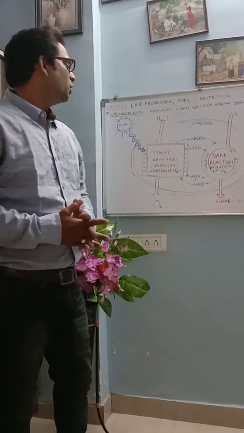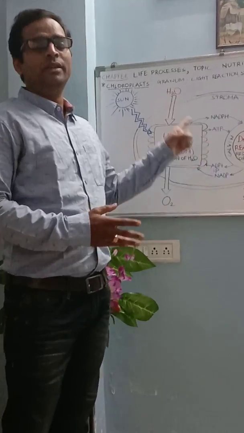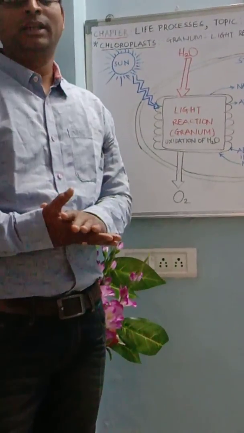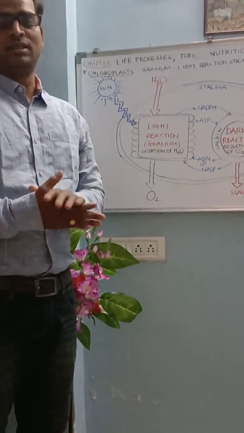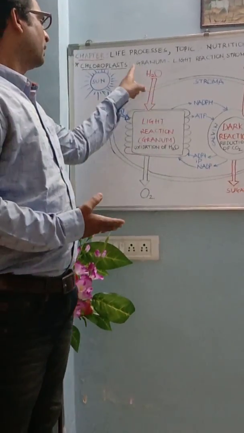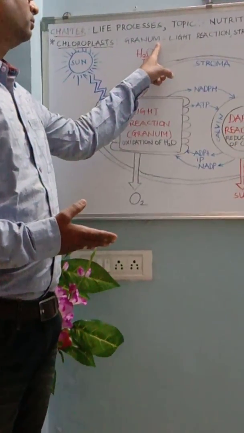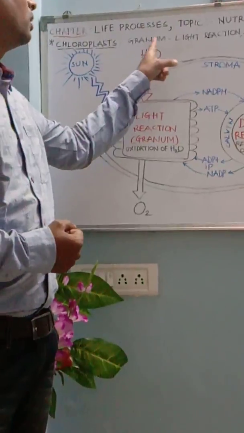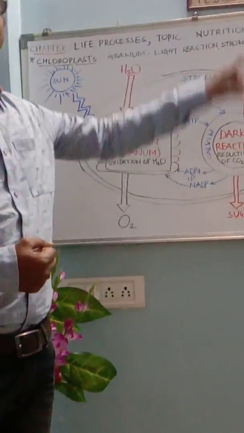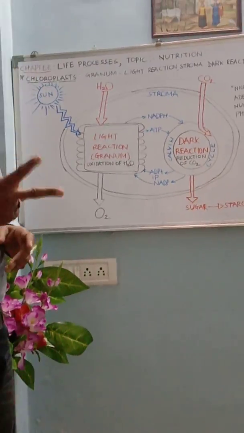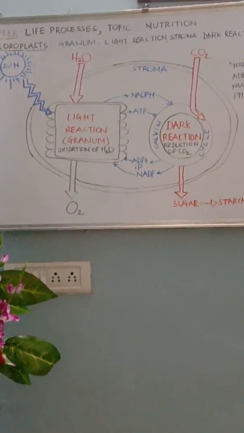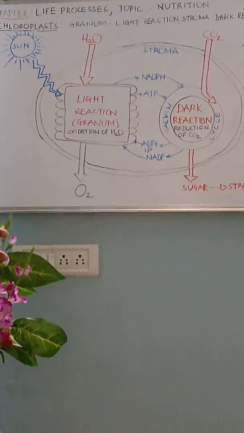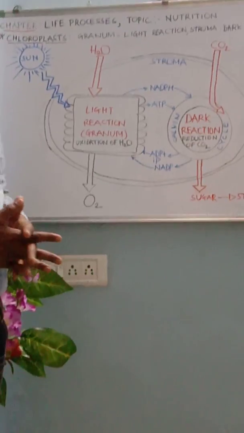You should know two main parts of the same in order to study the phenomenon of photosynthesis. And those two main parts are grana, plural, and granum, singular, and stroma. So these are the two main parts of the chloroplast which are involved in the process of photosynthesis.